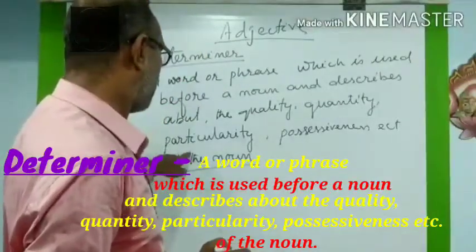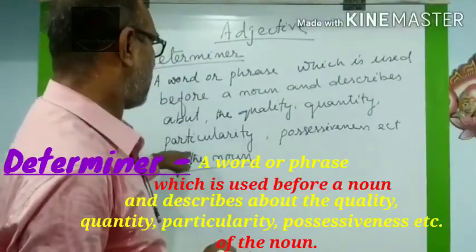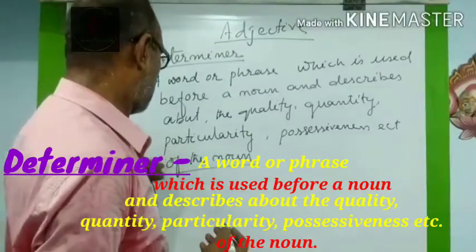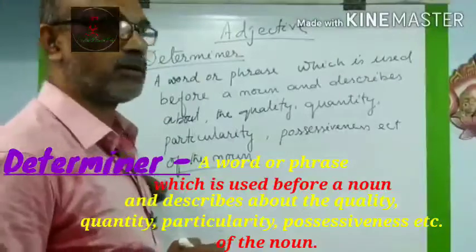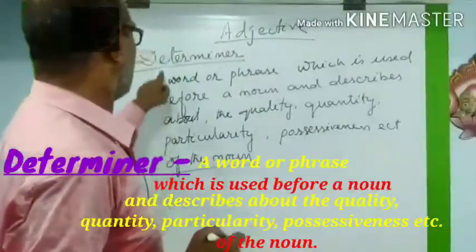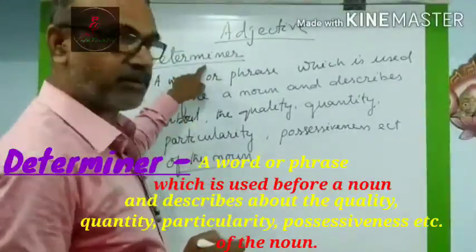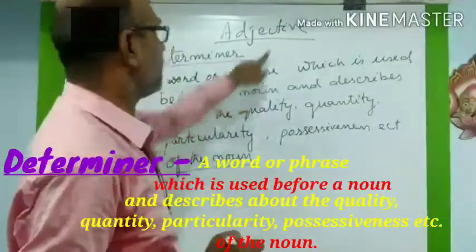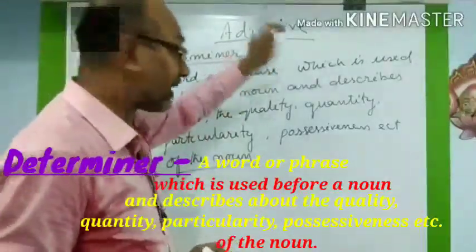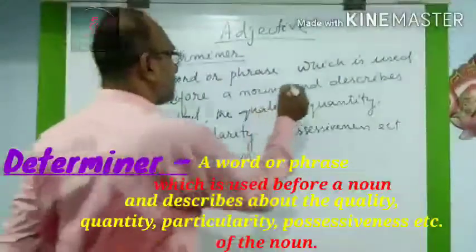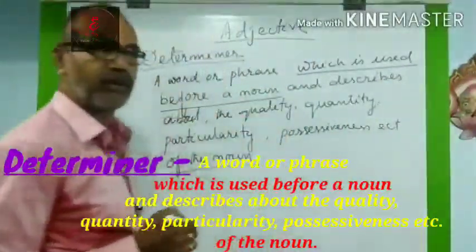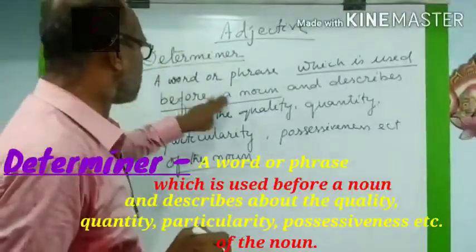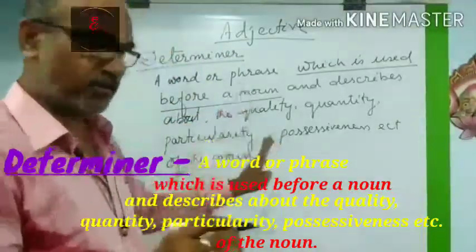Here this is the definition of a determiner, and which is different from adjective. That is the only difference, that it is used before a noun. That means determiner is quite related to a noun.